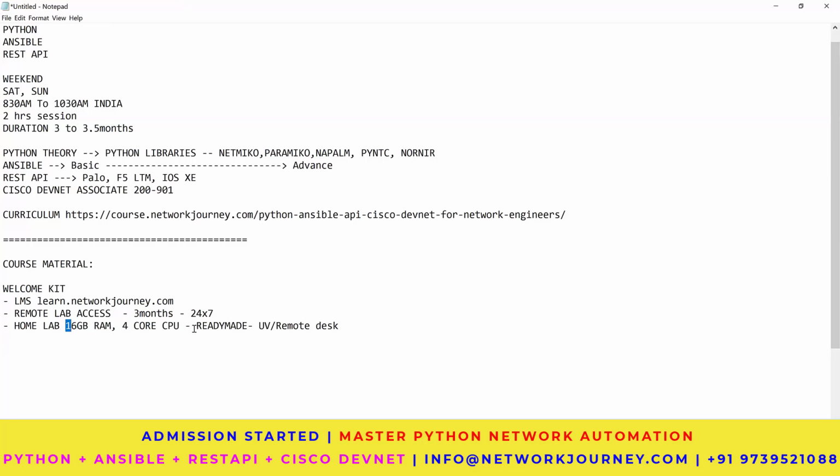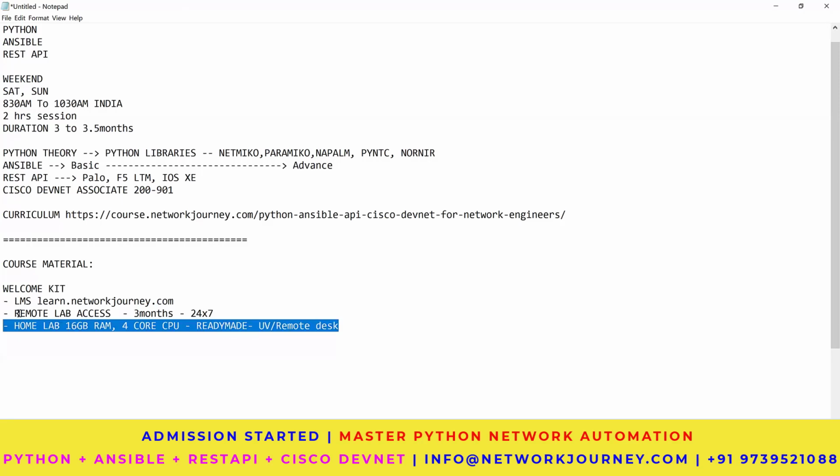The only condition is minimum 16 GB, but maximum it's up to you. You can have 20, 24, etc. But below 16, you will not be able to run many instances. Might be one router or two routers at the max you can power on.